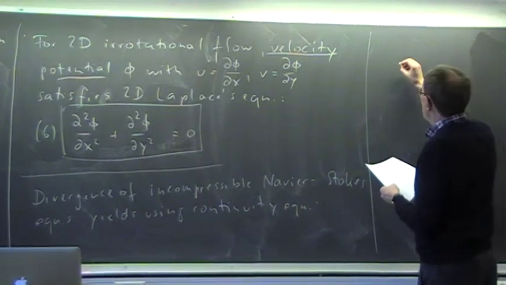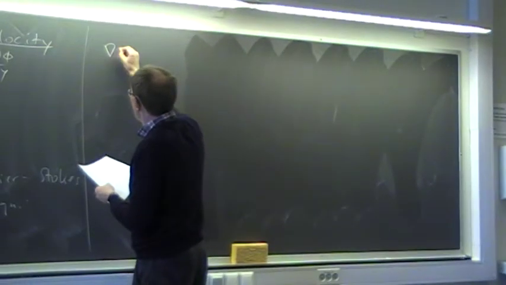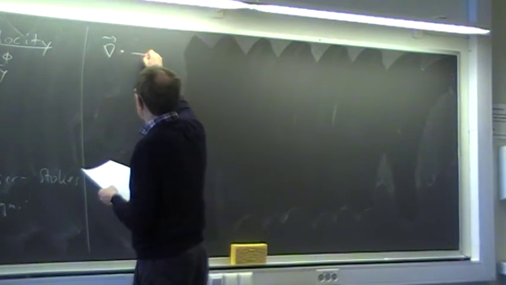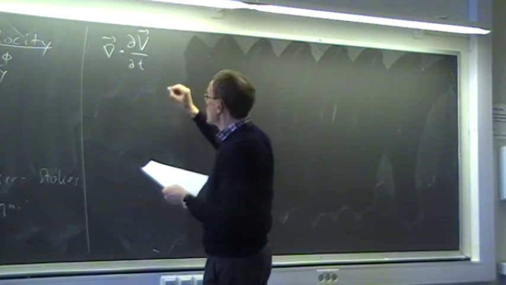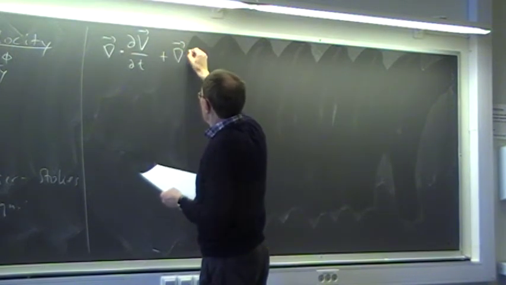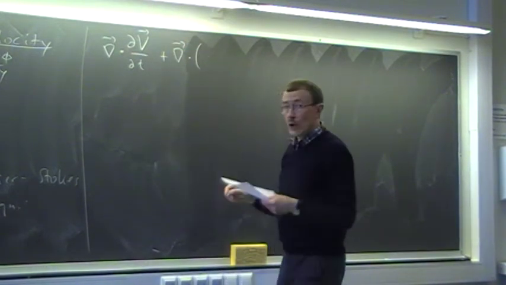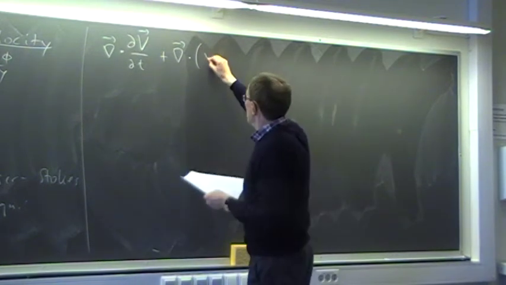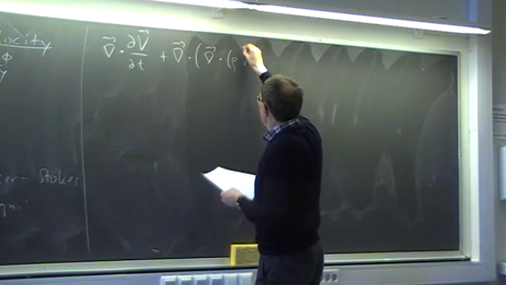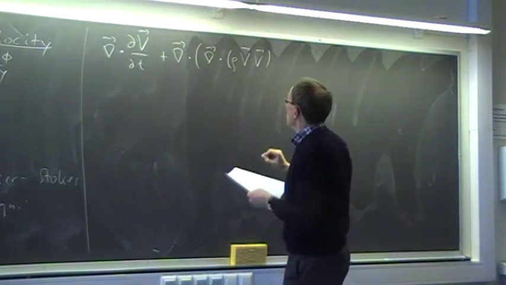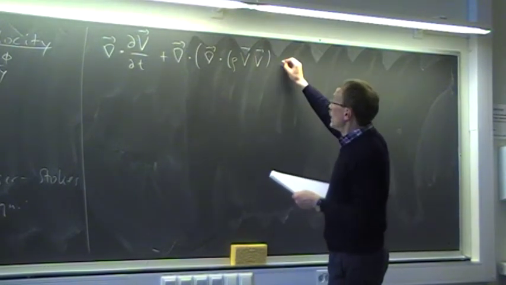So we take the divergence of first the time derivative in the Navier-Stokes equations. Then we take the divergence of the nonlinear term, which is again the divergence of rho v dv, this tensor.